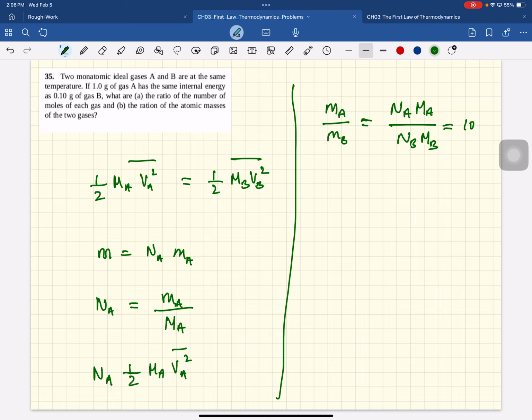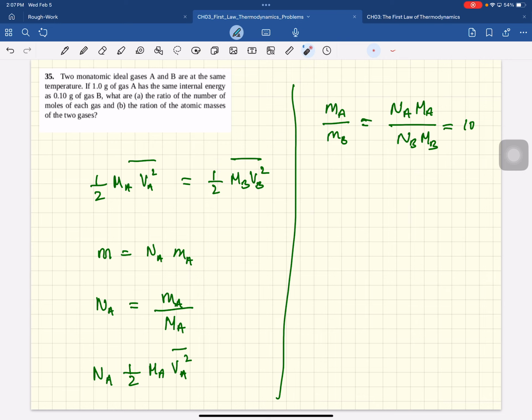And what else do we have? The gases have the same internal energy.